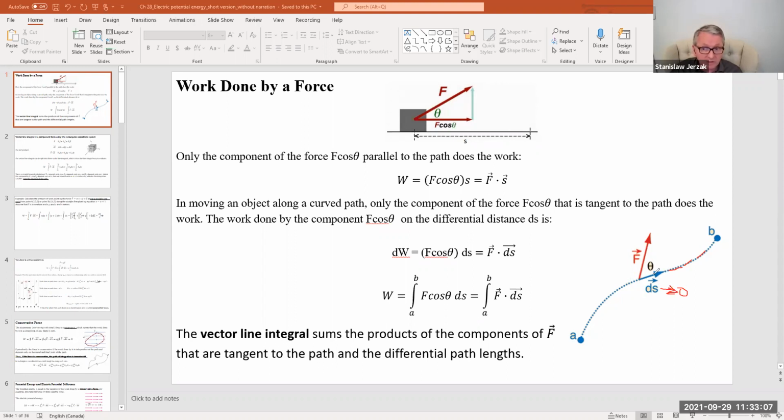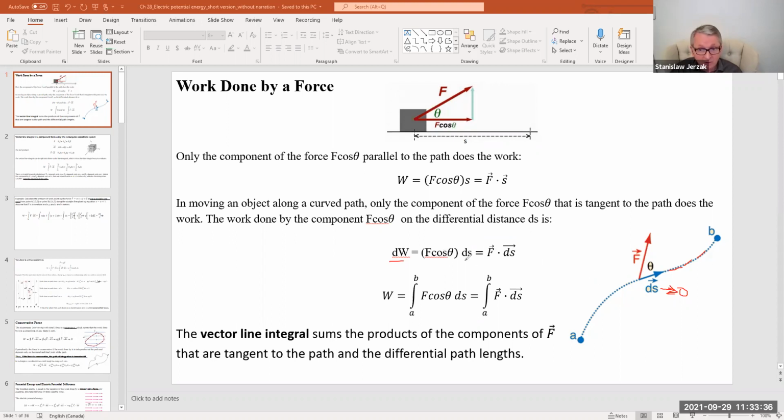And so for each little path, we would calculate a tiny amount of work, which we could call dW. That would be the work done by that force during that tiny displacement ds. That amount of work we could find as F cosine theta ds, which could be written as F dot ds, where F would be constant during the displacement.